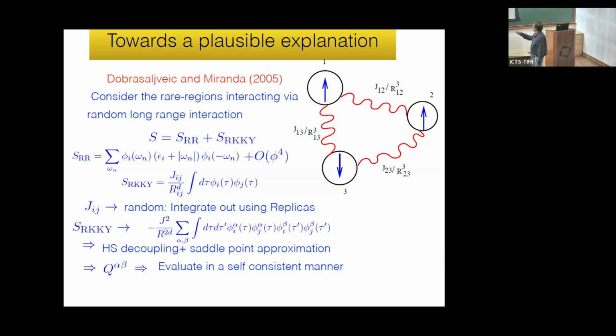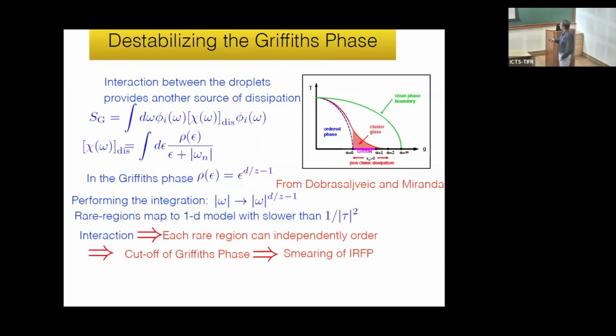The replica average effectively gets you a quartic term. Then you do a Hubbard-Stratonovich transformation and evaluate this object Q alpha beta that couples to the phi correlator in a self-consistent, saddle point approximation.